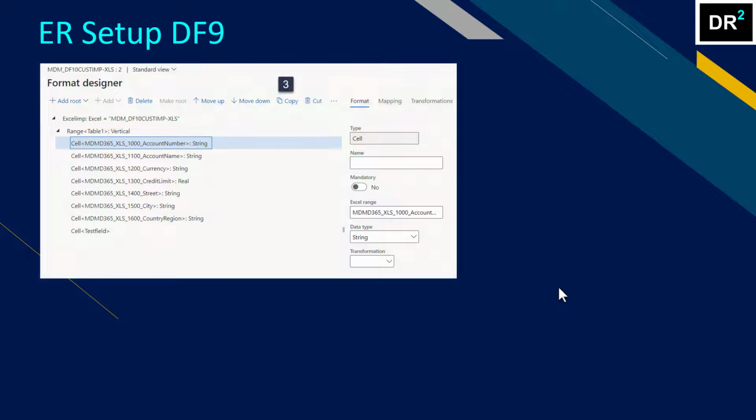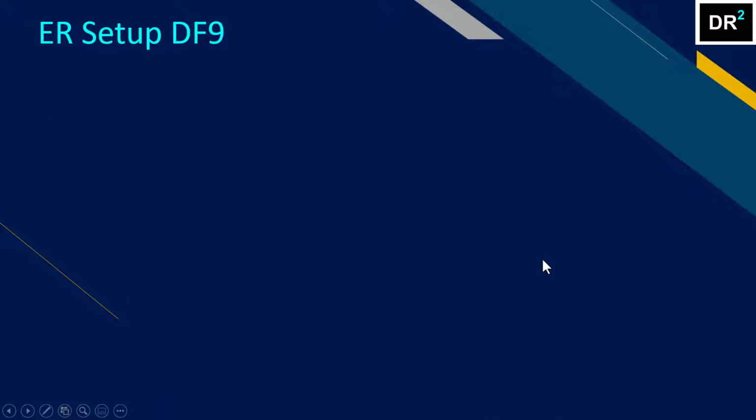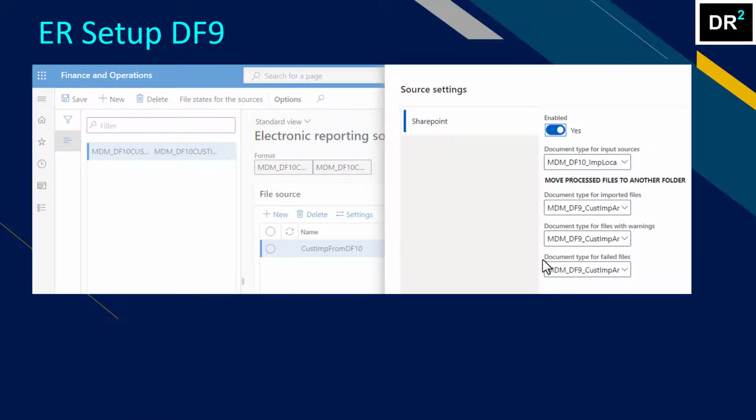And then the Excel configuration maps just the different fields. So nothing special really here. Of course, here we have the electronic reporting source, where we grab the data that were exported from DF10 and put them in an archive, which will then be the source for the customer engagement environment.